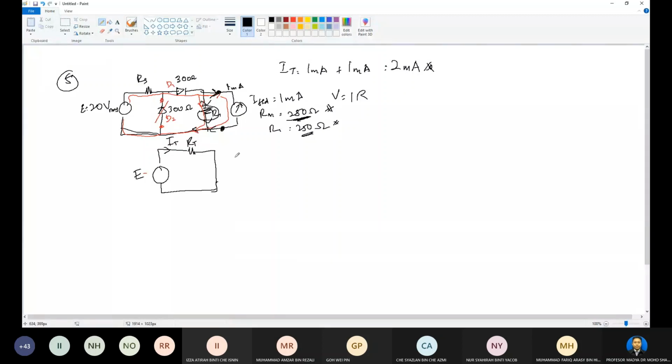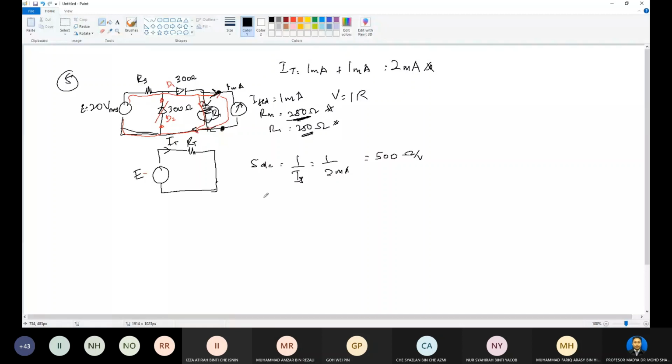And that's why you can calculate the sensitivity for DC, which is 1 over IT, our full scale deflection. Full scale deflection is 2 milliampere, which equals 500 ohm per volt. This is the sensitivity for DC.